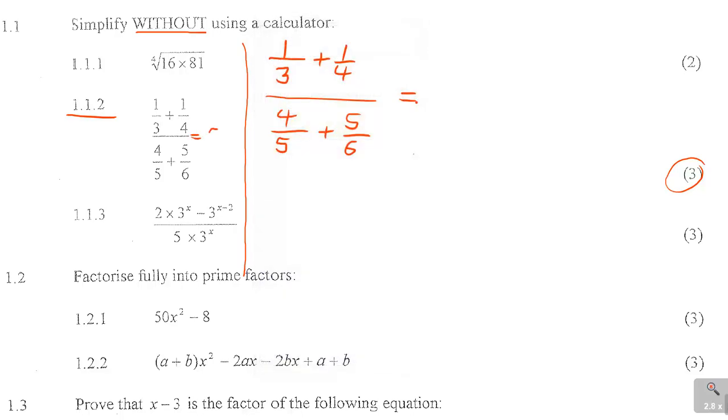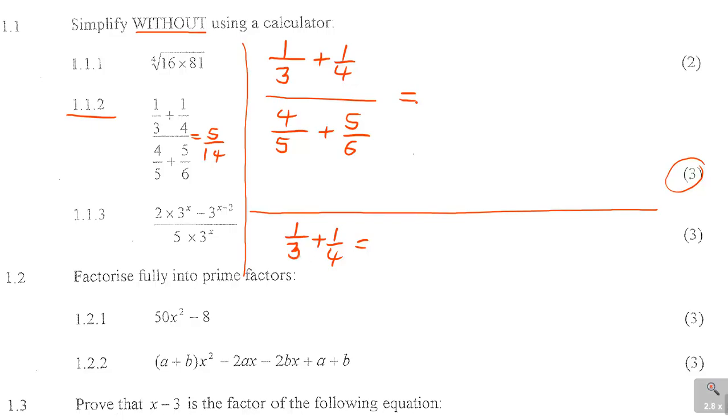So in here I just want to prove that this is 5 over 14. So how do you work towards that? The first thing you need to do is to do this separately. In a way, you do the top part alone as well as the bottom part. So let me just divide this like this, my working. So if I had 1 over 3 plus 1 over 4, remember they said I mustn't use a calculator.